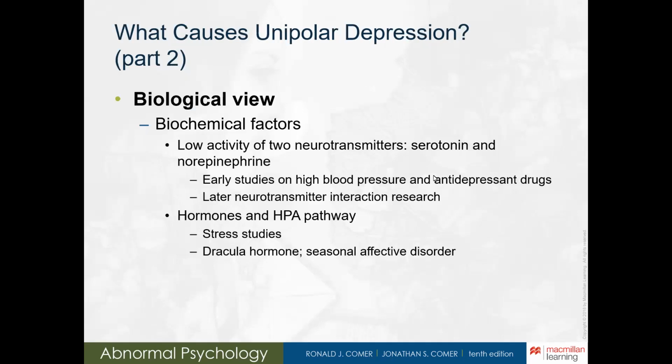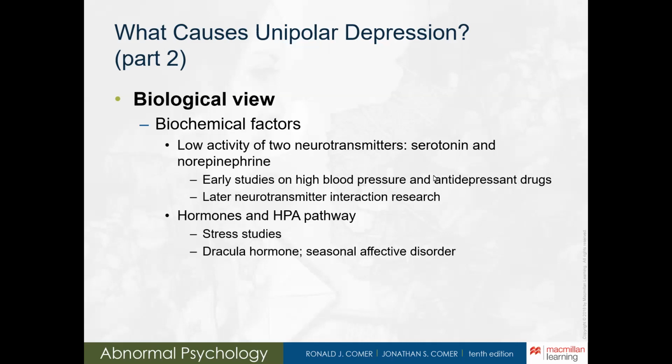So continuing and looking at a biological view, these biochemical factors are certainly going to be important to look at. So typically there's going to be low activity of two of the neurotransmitters, serotonin and norepinephrine. These early studies, especially in the 1950s, looked at high blood pressure and antidepressant drugs. The medications for high blood pressure were found to cause depression.